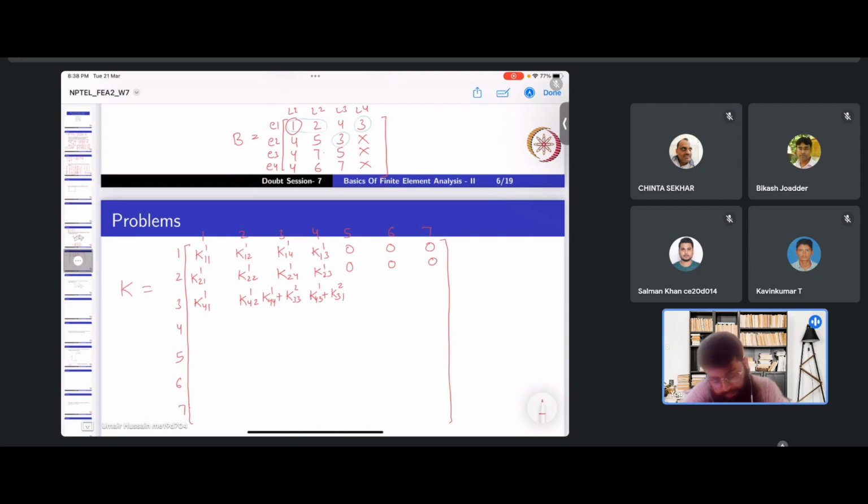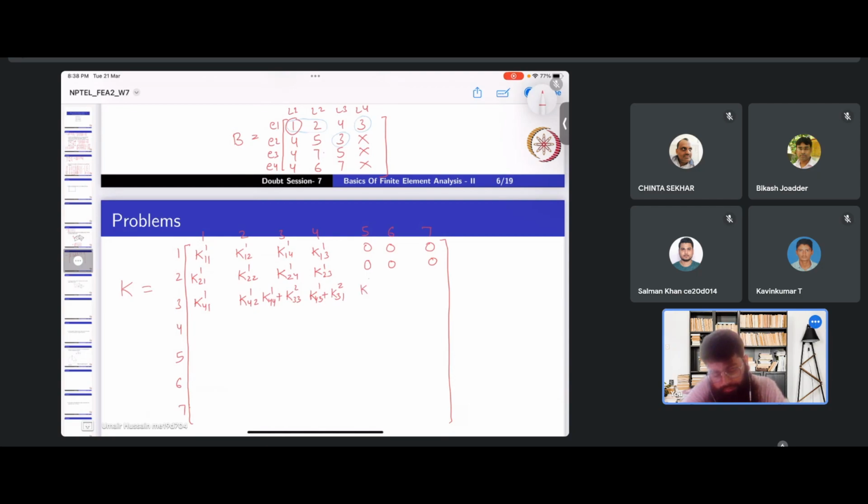Now 3 5. 3 5 is connected only in element 2, right?